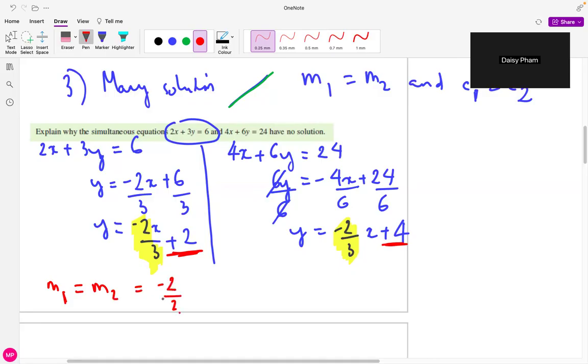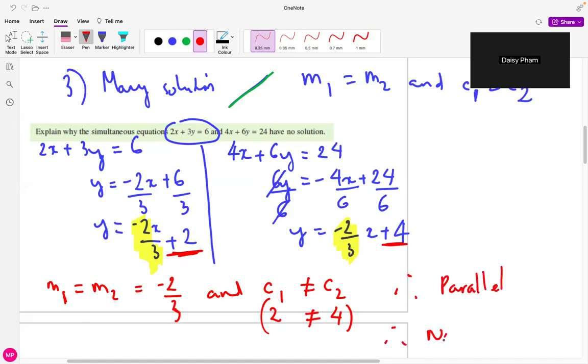They have the same gradient, okay? And C1 is not equal to C2. So C1 is 2, which does not equal 4. So they have the same gradient, but they have different y-intercepts. Therefore, they are parallel. And because they're parallel, they have no solution. So they don't cut each other.